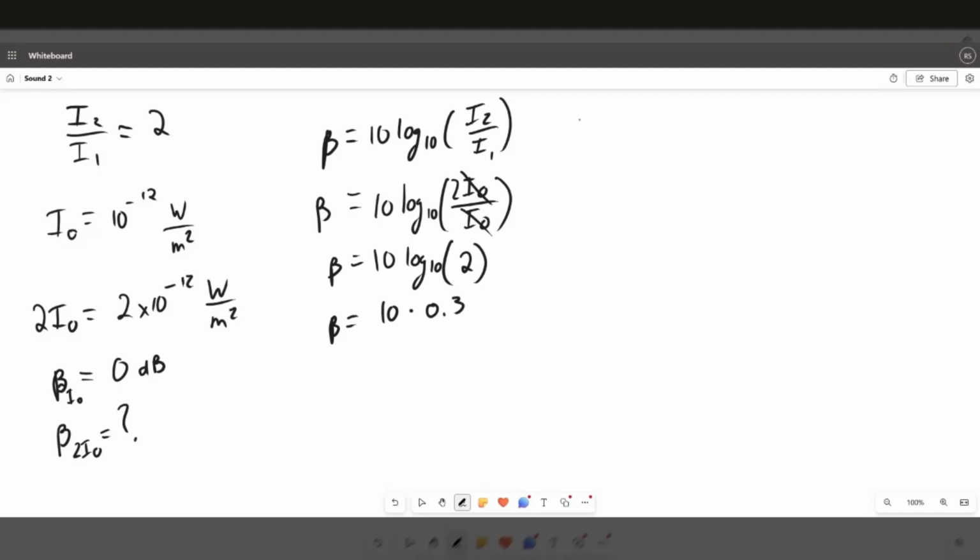So remember, that's saying if I raise 10 to the 0.3 power, I should get 2. And you can verify that in your calculator if you want. And so what this is telling us is that the decibel level for a sound that's 2 times as loud as the minimum sound that we can hear should be 3 decibels. And so the difference between the 3 decibels and the 0 decibels is 3 decibels.